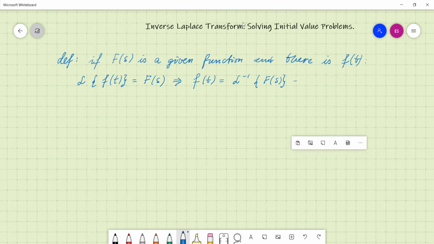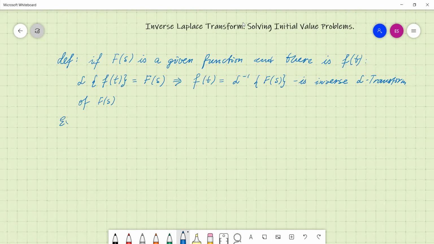Let me write down the inverse Laplace transform of big F of s. We're going to start with an example and then talk a little bit about properties of inverses.